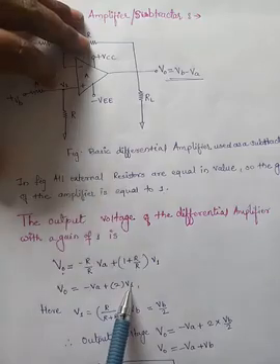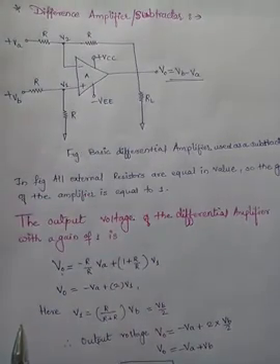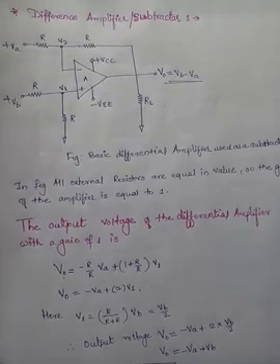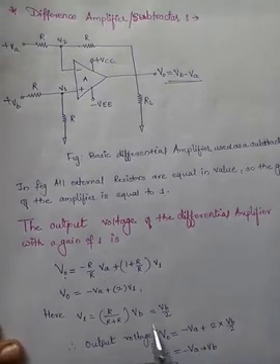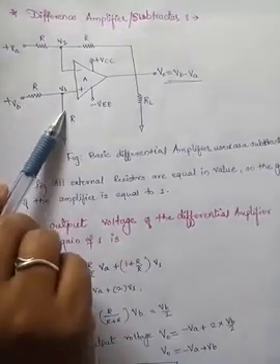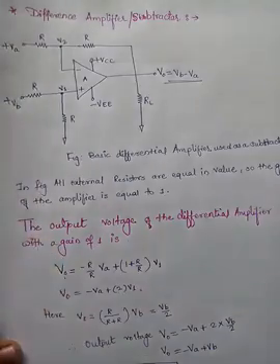Here we need to find the value of the V1 voltage. V1 voltage is nothing but the voltage generated across this resistor R. To find V1, we apply the voltage divider rule.